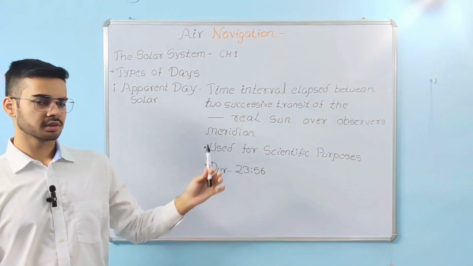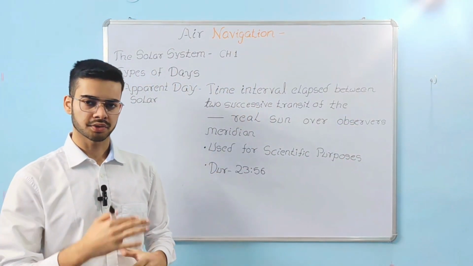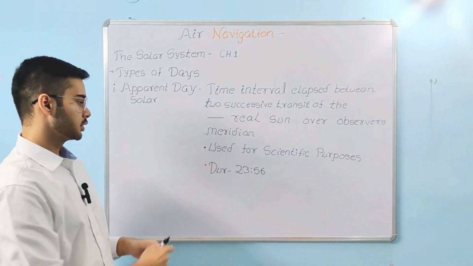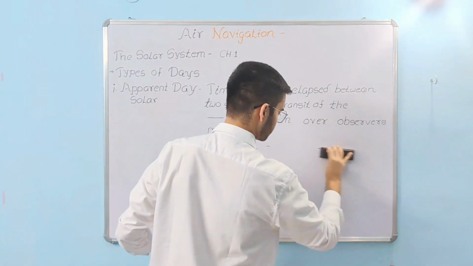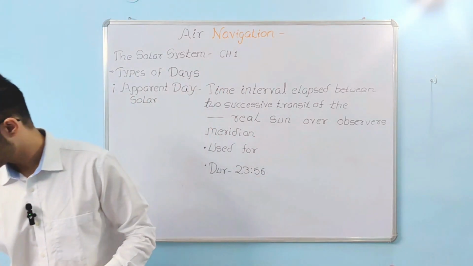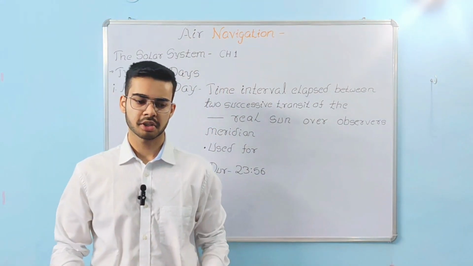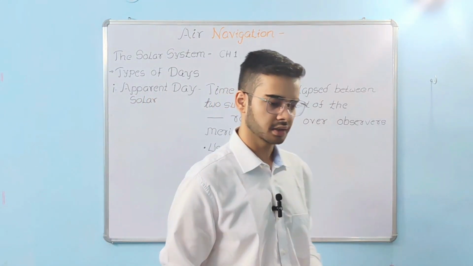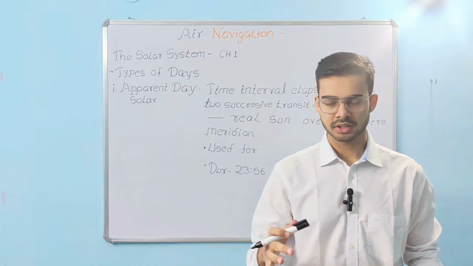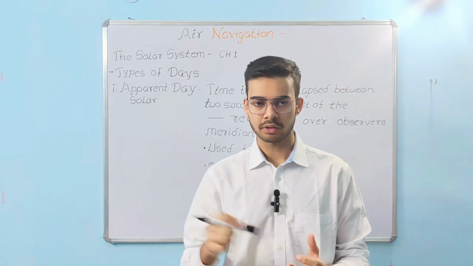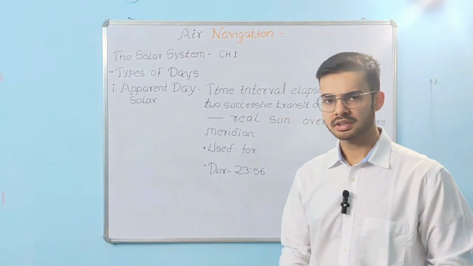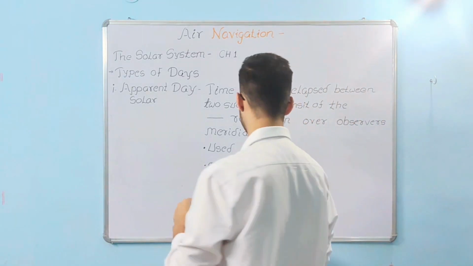So similar, just the real sun's transit over the observer's meridian. The use: it's not used for any scientific purposes, but for basic use, the sundials, which are completely dependent upon the sun rays falling on them, will be affected by it. So we could just write, for information, the sundials.